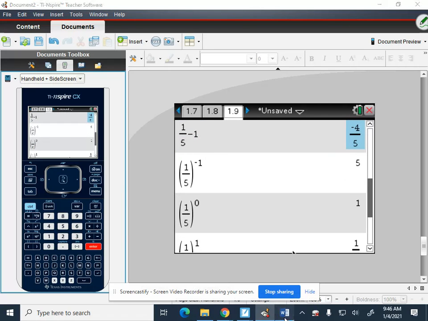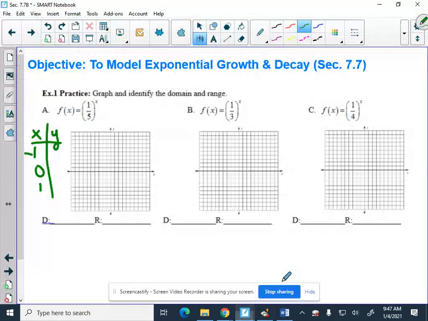So I put these in my table that I made. At -1, I then go up 5. At 0, I go up 1. At 1, I go up 1/5 or 0.2. Now that gets me that graph. Domain is all reals. What's the range? Y is greater than 0.